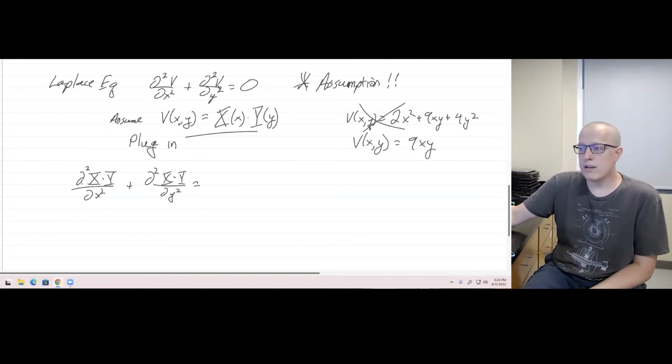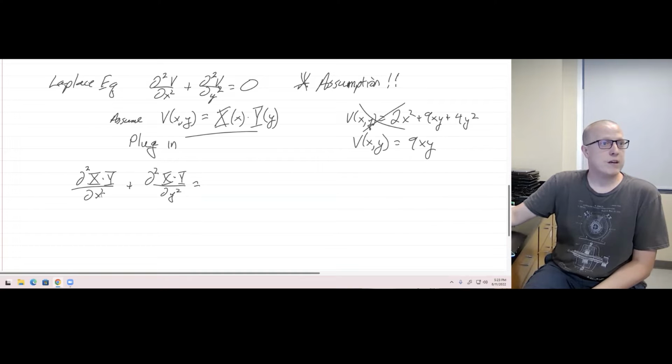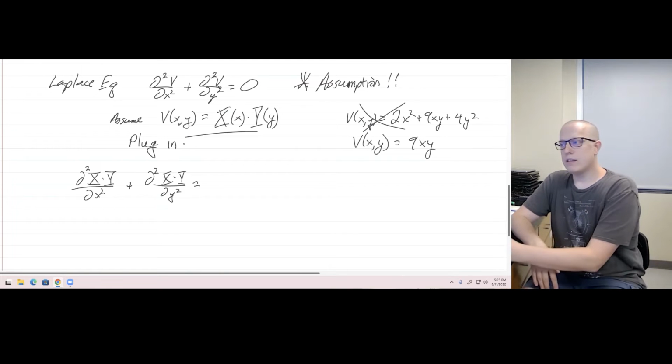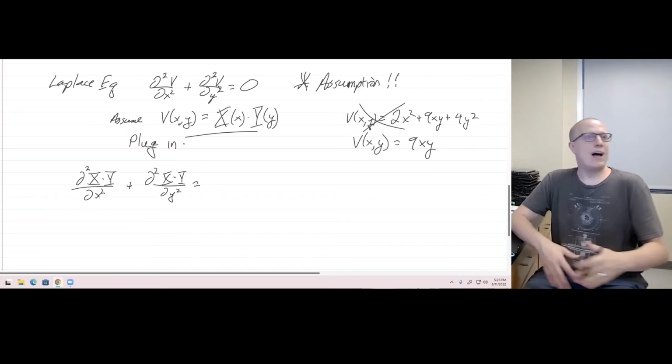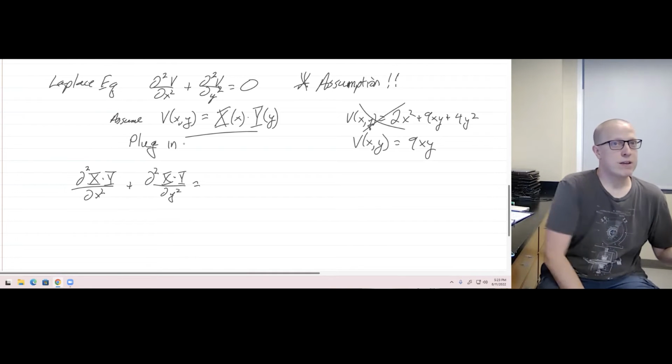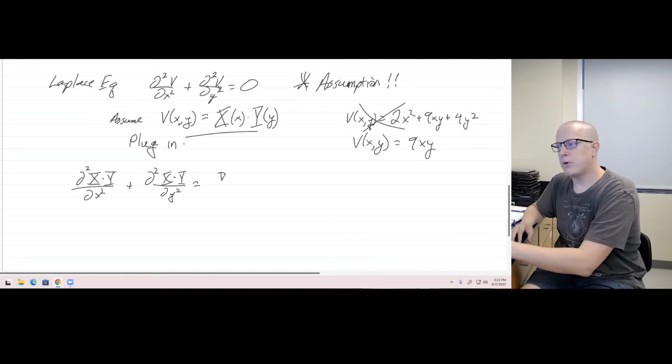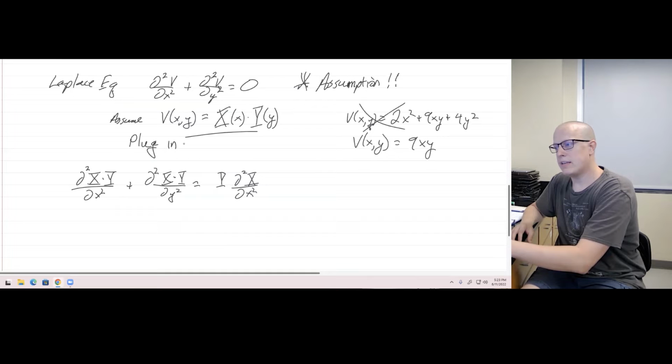So in this first term on the left, the capital X has all the x stuff in it, so that is going to be doing all the differentiation here. But the y is just along for the ride, because y is all contained in that function. And so I'm allowed to pull y out as if it was a constant, because as far as x is concerned, it is a constant.